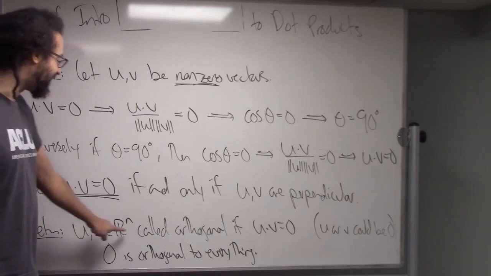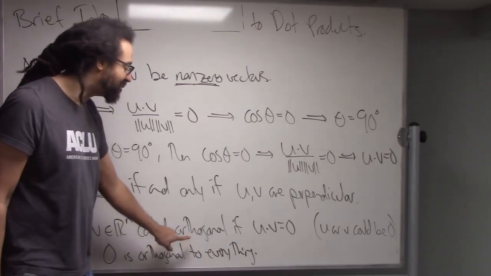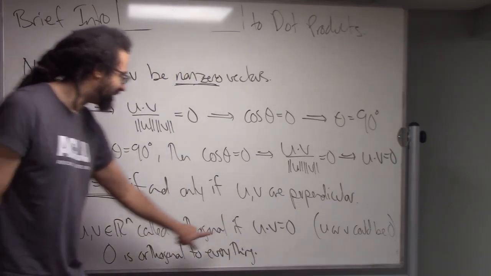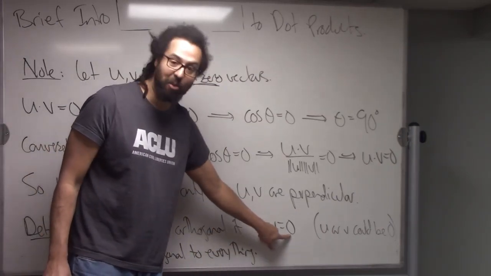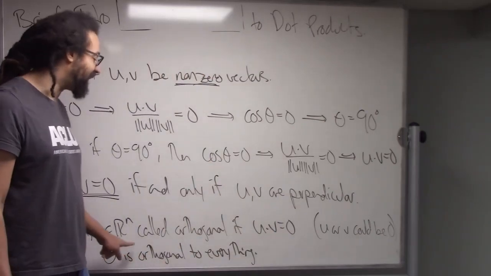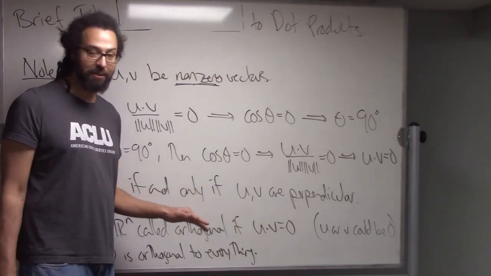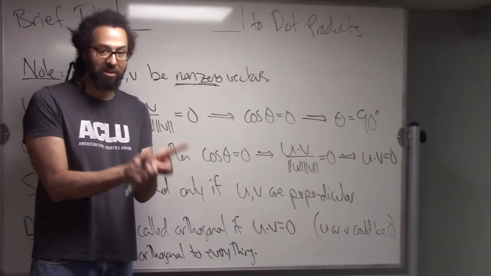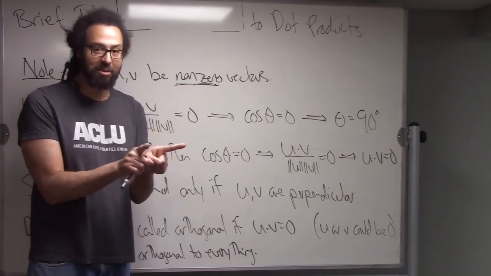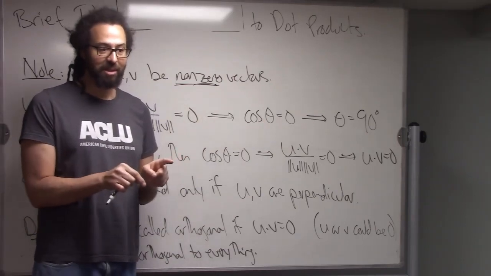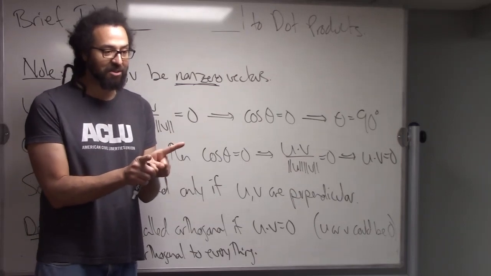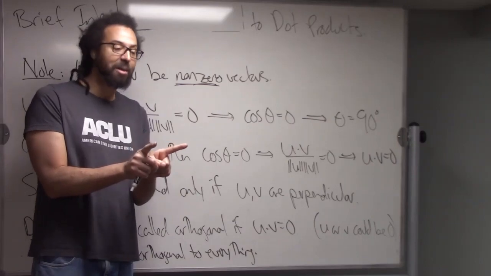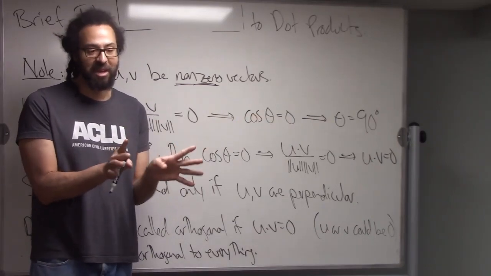So in particular, the 0 vector, because 0 dotted with anything is 0, the 0 vector is orthogonal to every single vector in Rn. So if two vectors are orthogonal and they're not 0, then they must be perpendicular. But you can also have two vectors that are orthogonal and one of them could be 0, both could be 0. But there we wouldn't say perpendicular, we would just say orthogonal.